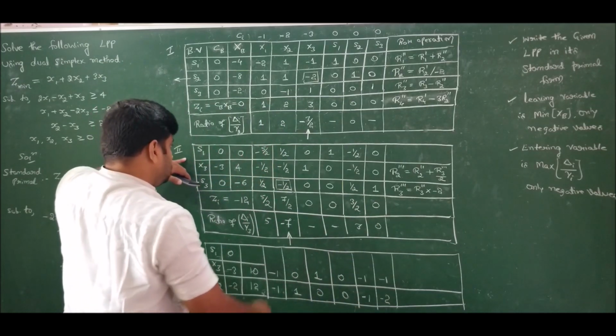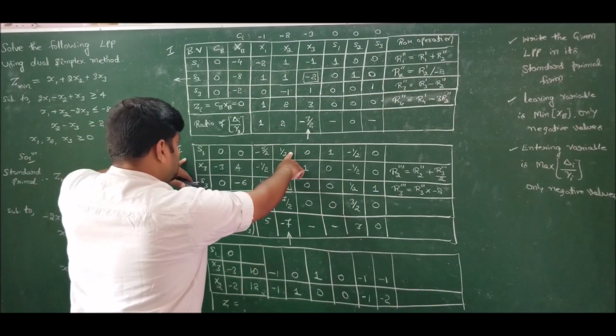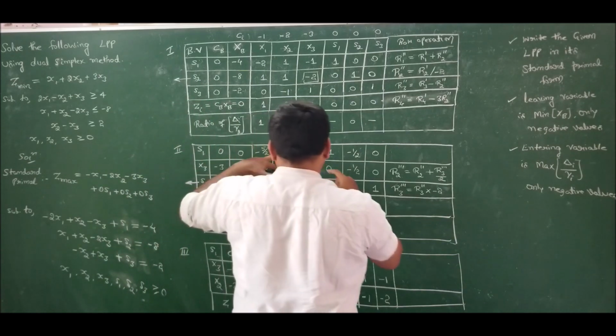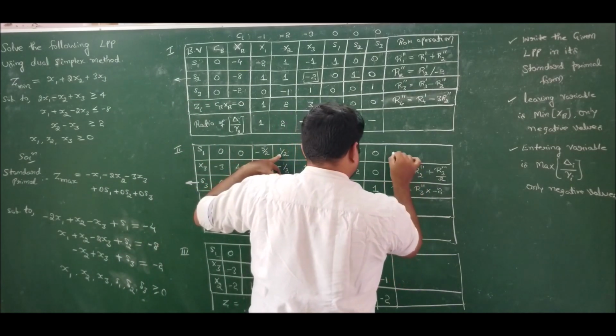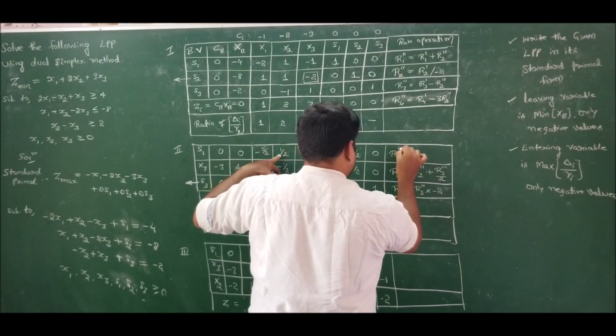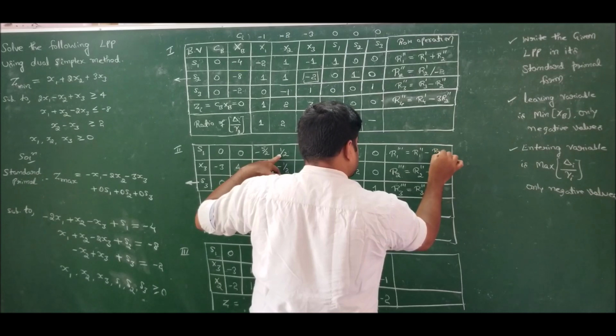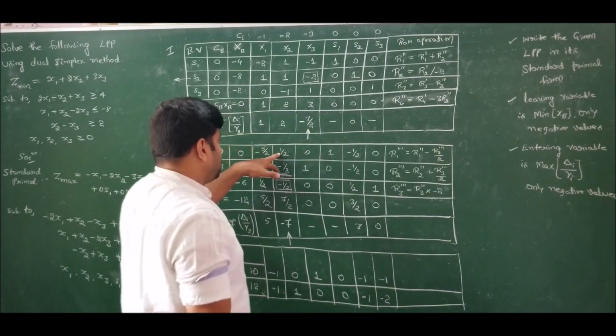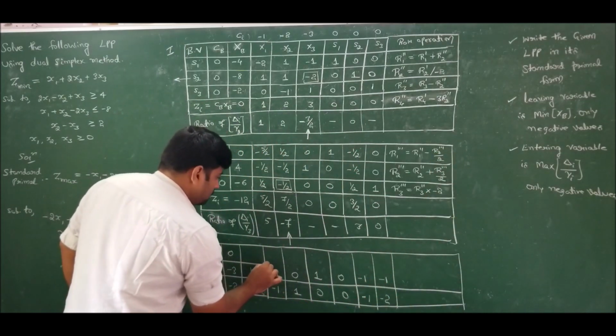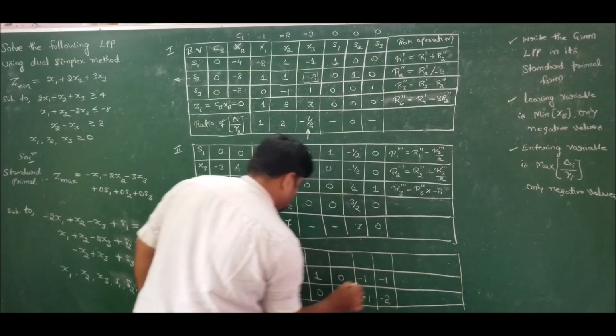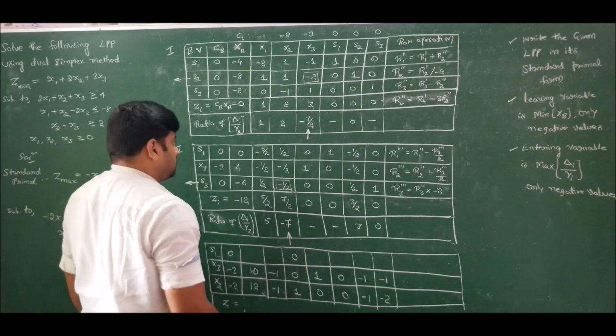Next, here I have +1 by 2. So to make it as 0, R1 of step 3 is equal to R1 of step 2 minus R3 of step 3 by 2. So that will become 0.